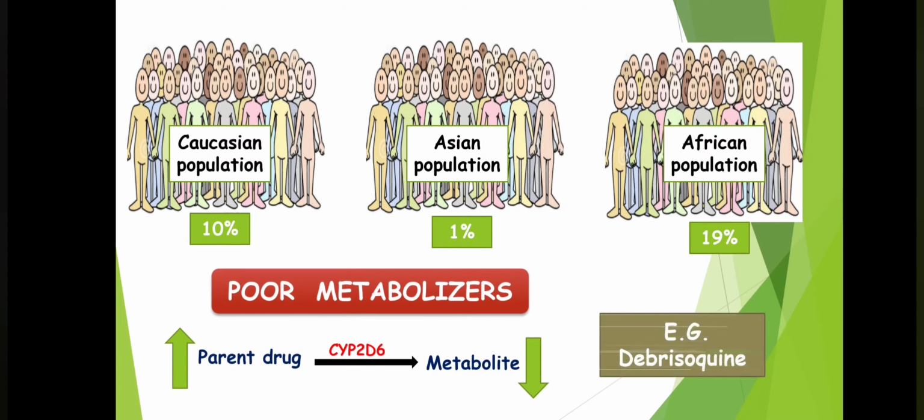An example of this is debrisoquine. Debrisoquine is an antihypertensive agent and it requires the CYP2D6 enzyme for its metabolism. But in poor metabolizers, the plasma concentration of debrisoquine increases, which results in an exaggerated hypotensive response.